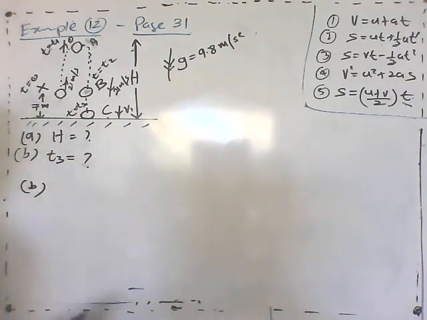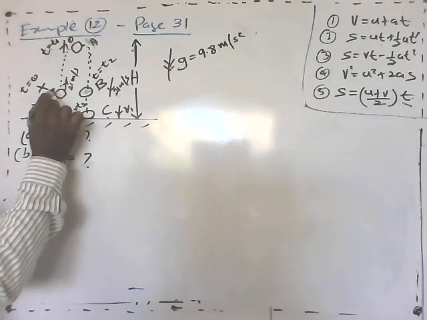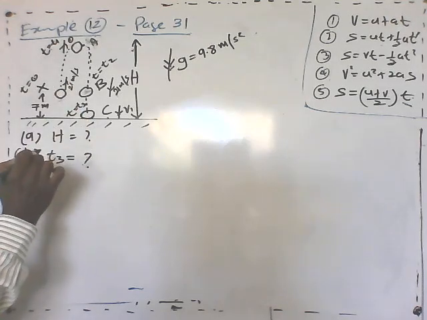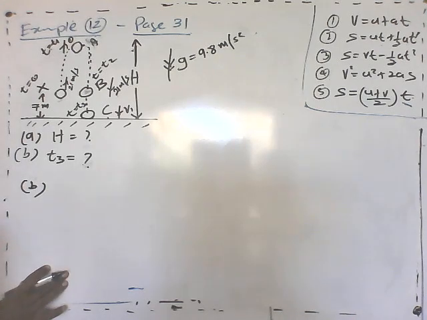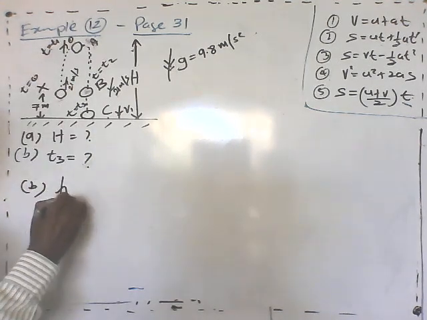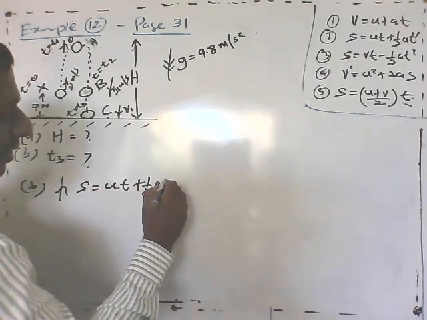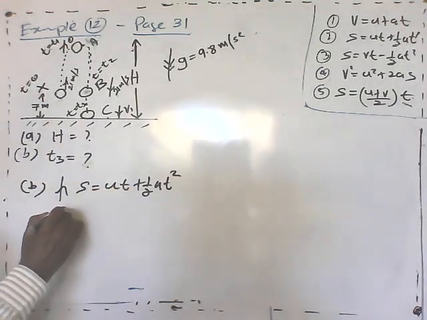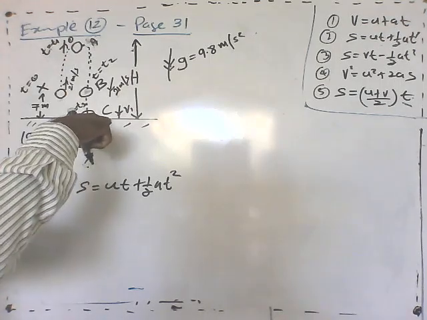Now this is a tricky situation. Since he started the journey upward, in this case I will consider the positive direction is up. Both ways you can consider, it gives the same answer. So I will put upward. s equals ut plus half a t squared, from X to C.